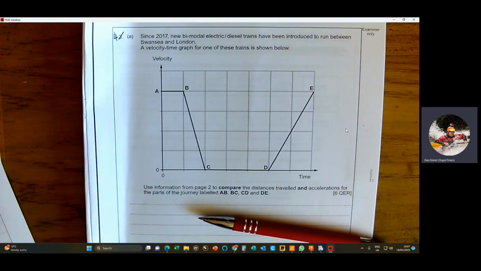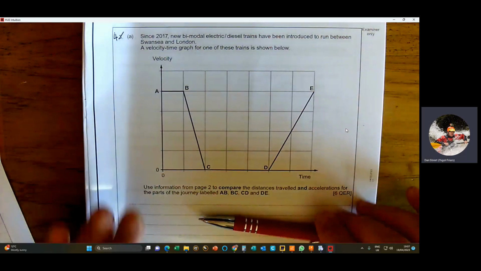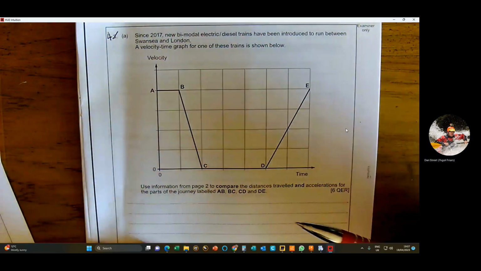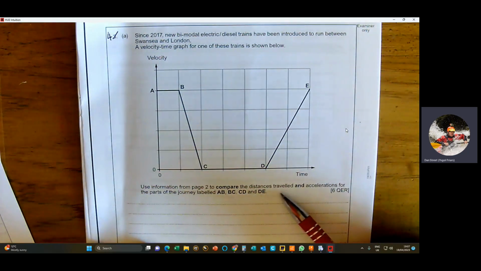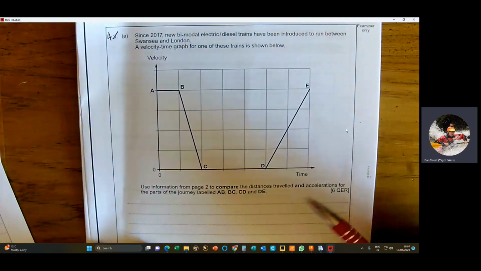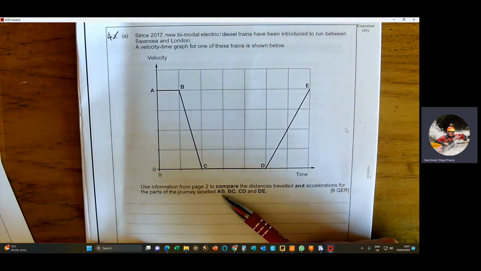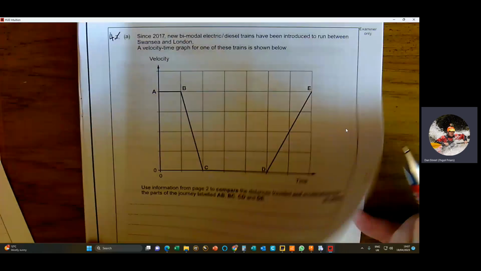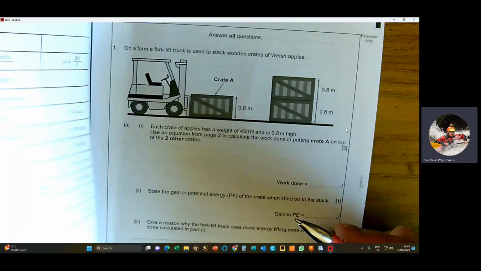So if we go back to the question now, it says use information from page 2 to compare the distance travelled and accelerations for the parts of the journey labelled AB, BC, CD and DA. Page 2 is obviously our formula page.